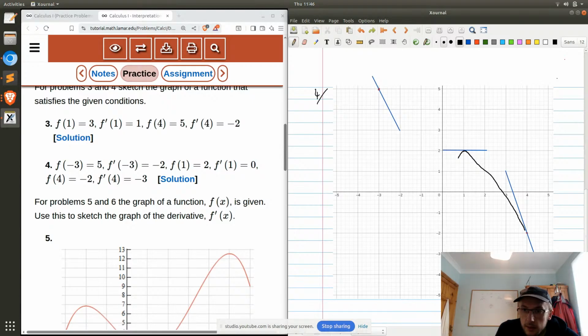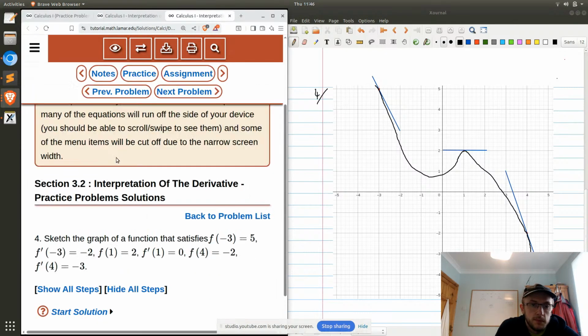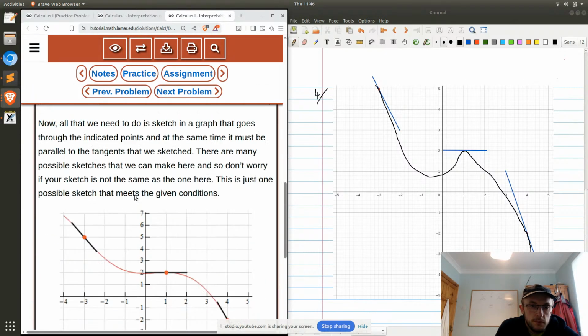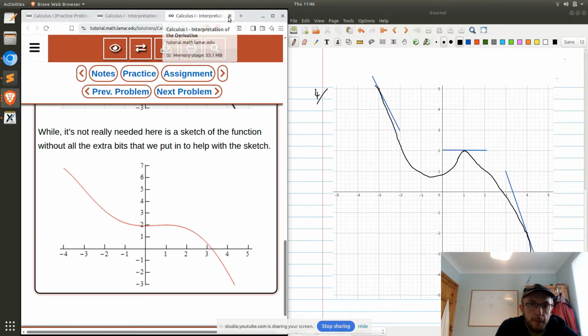And I'll do that, and I'll do that. That's just a continuous function which has those properties. And there you go.